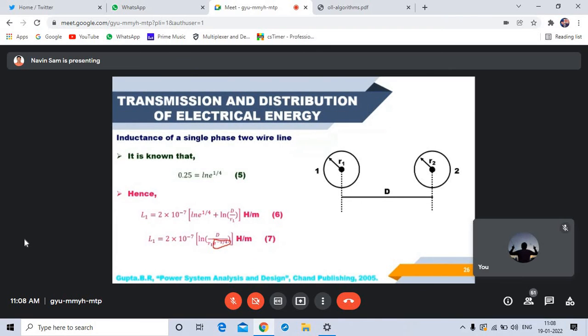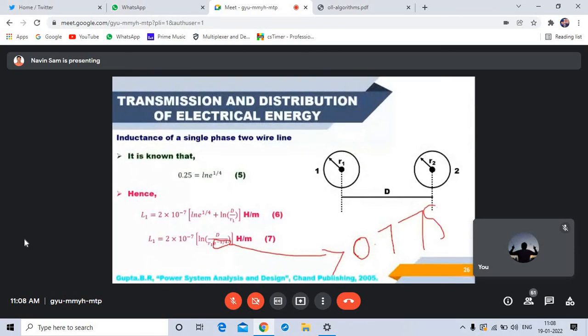Right? So now e power minus 1 by 4, just put it in the calculator and tell me what the answer is. e power minus 1 by 4 is equal to 0.7788.